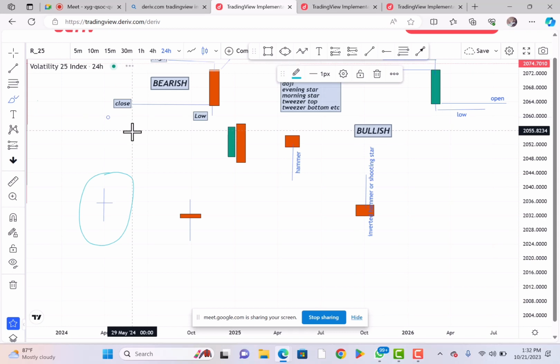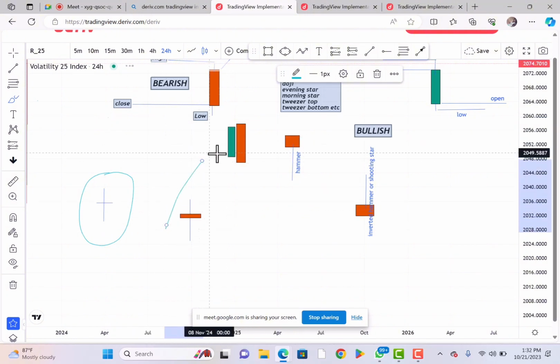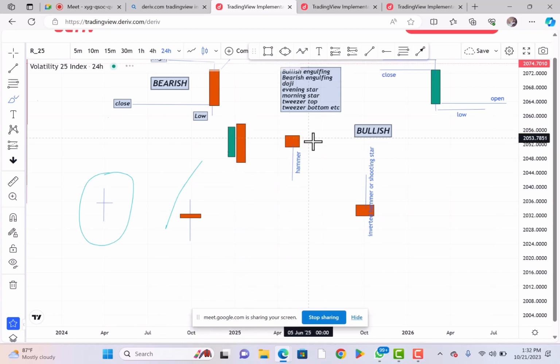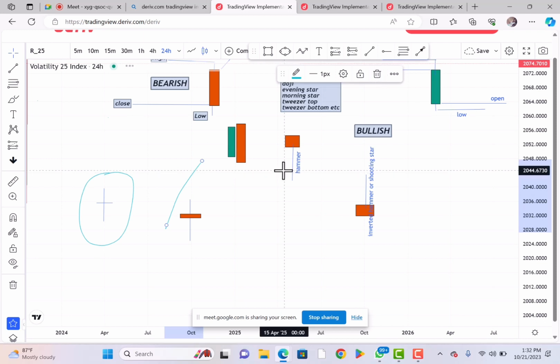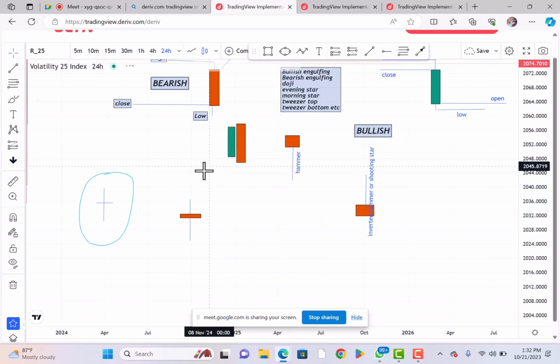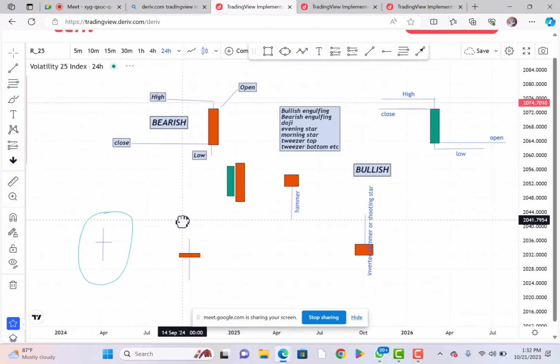I hope you guys grabbed everything that I've said. So I'll just show you some of these candles that I have listed now.